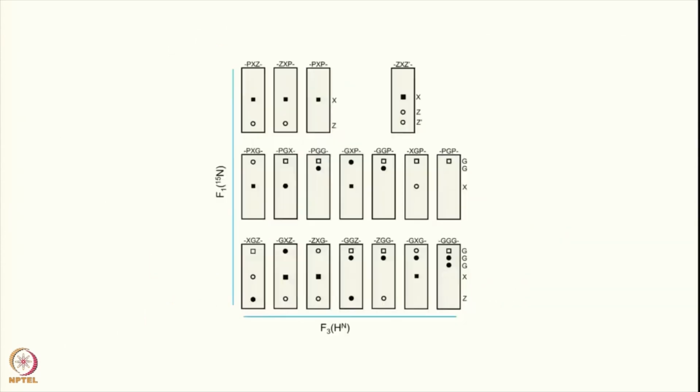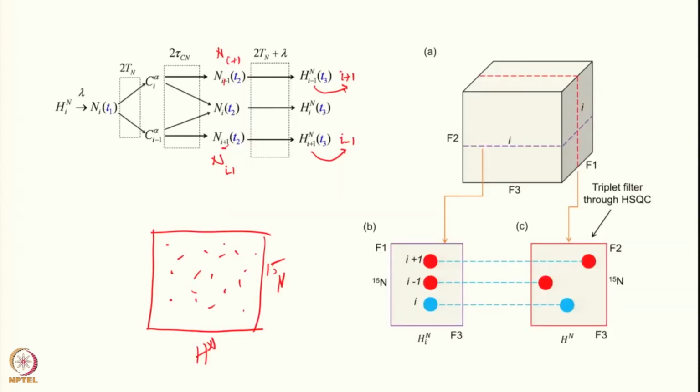Another important thing you have to notice is that I have used different colors here. I have used one particular color for the self peak, the peak of the same residue, and different colors for the other two because they have the opposite sign. If this is the positive sign, this is the negative sign, or vice versa, whichever one you want to choose.